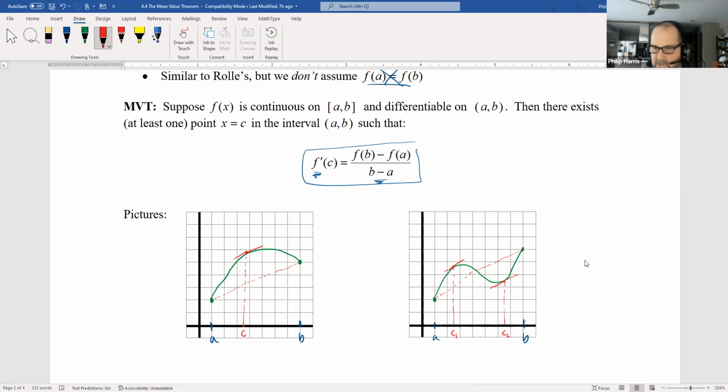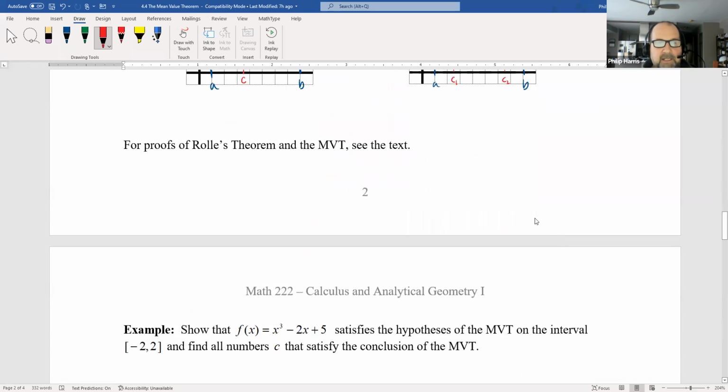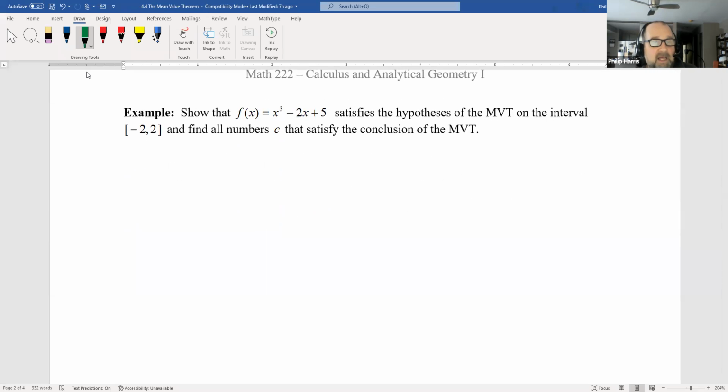All right, so let's work on a demonstration of the mean value theorem. Again, we are not going to look at the proof of these theorems. They are a little tricky. It is in the textbook if you care to look, but we will not be worrying about those proofs. So let's look instead at a demonstration of the mean value theorem. So how would this work?